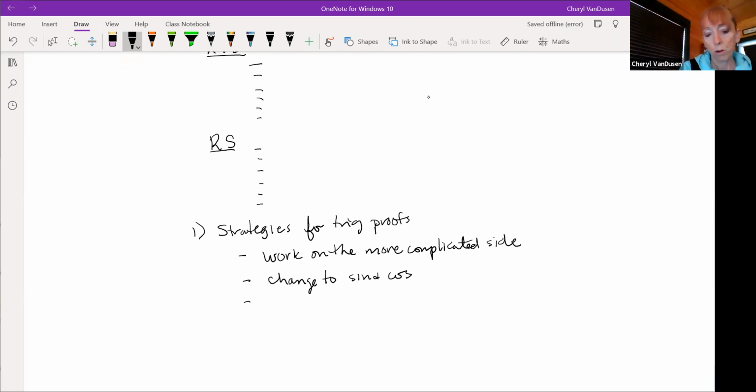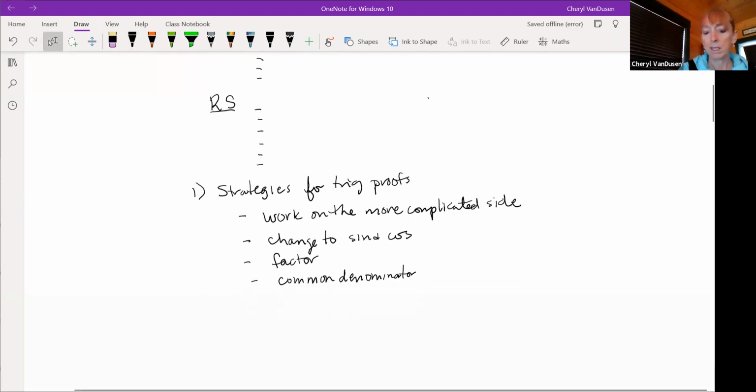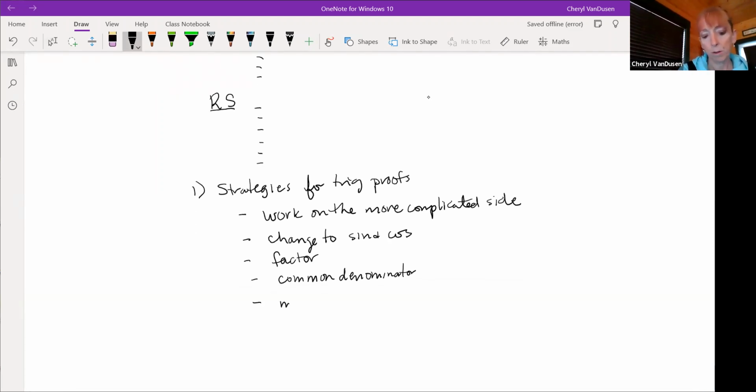Other things just to note is you might have to factor. That's just a procedural type thing. You might have to do common denominator work. Again, that's just procedural, but it might come up. And I don't think we get into this a lot, but sometimes you have to multiply the top and the bottom by a conjugate.